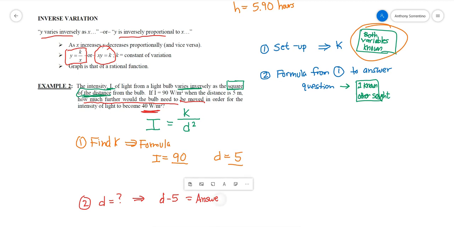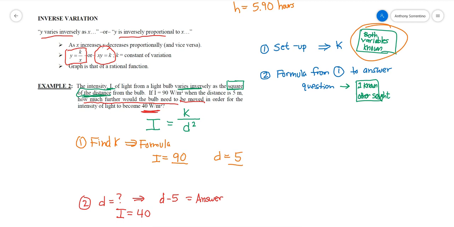Because if it varies inversely, that means that as I decreases, which it is here, I expect the distance d to increase, and therefore I expect d to be a bigger value. And so it wants to know how much further I'm going, but to answer that, I have to know what distance I need to set this at. That means that they have to be giving me an I, which they do. They give us it's 40.